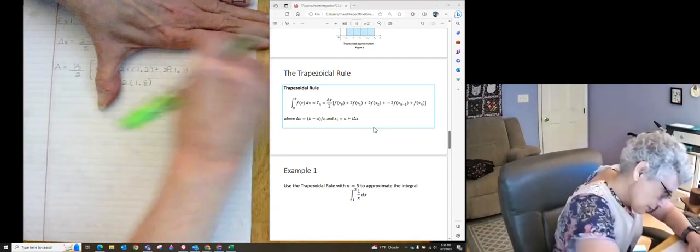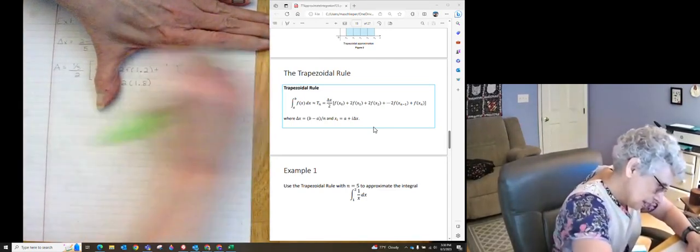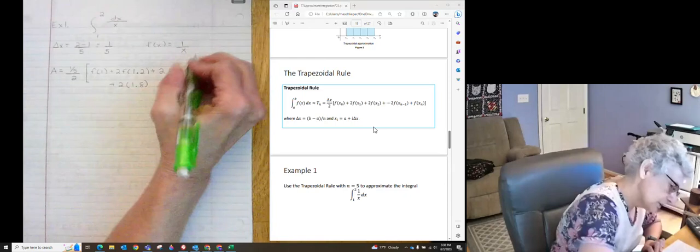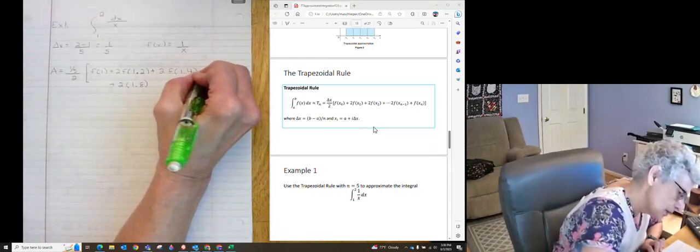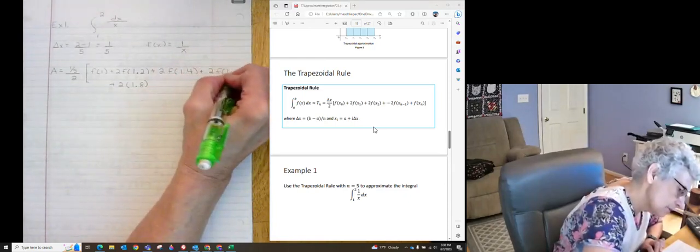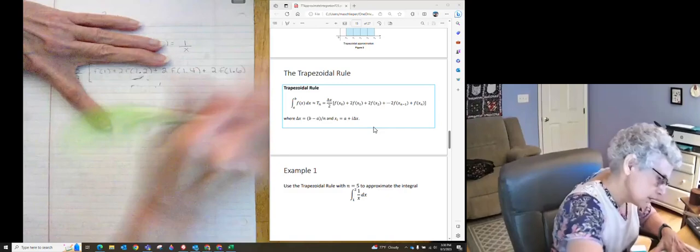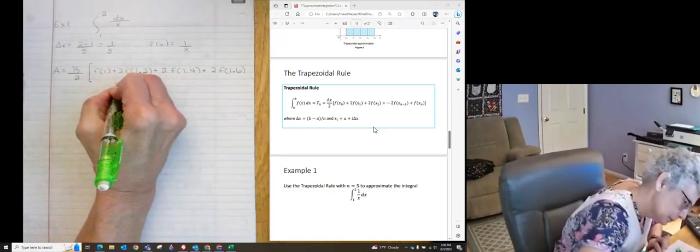That will bother me if I don't. Don't forget it's f of 2 times f of 1.4, 2 times f of 1.6, 2 times f of 1.8, and then just f of 2.